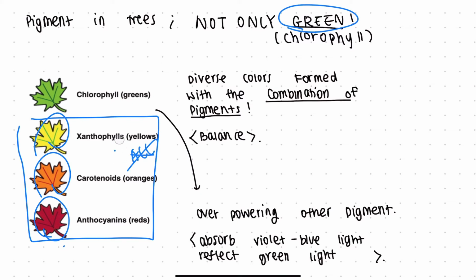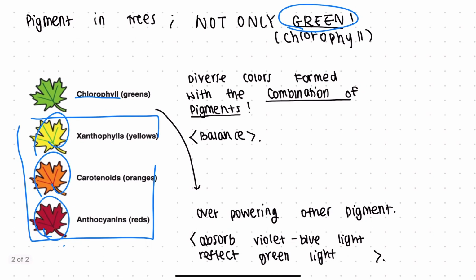What we do know is that they are already existent in the trees. However, chlorophyll is so dominant in the leaves that it overpowers the other colors, such as yellow, orange, red, purple, and even brownish colors.